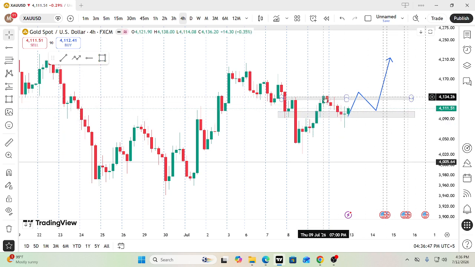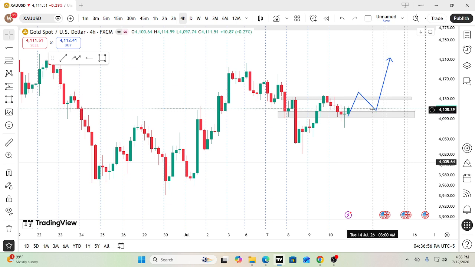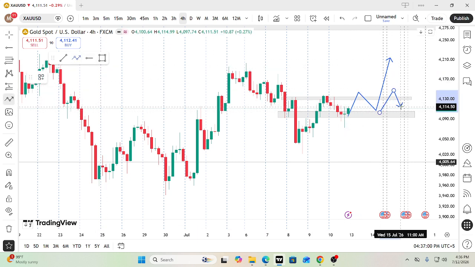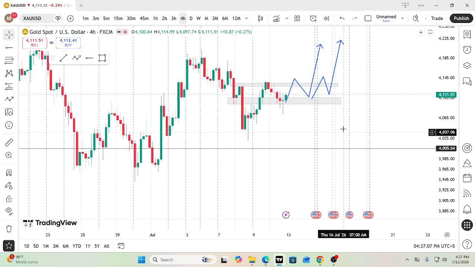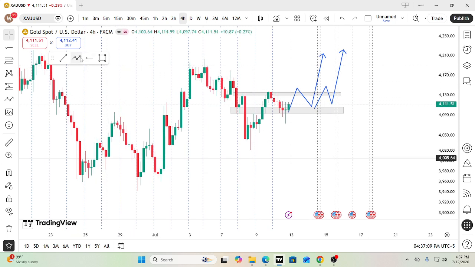If the market gives closings in the 4-hour time frame above 4134, then we will look for buy on the pullback, and the market may have this much pullback, or a smaller pullback as well. On the other hand, I am not looking for sell, but it may happen if the market sweeps this zone, and then on confirmation on a smaller time frame we can look for sell.